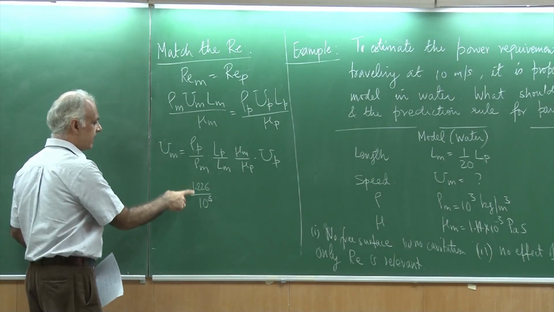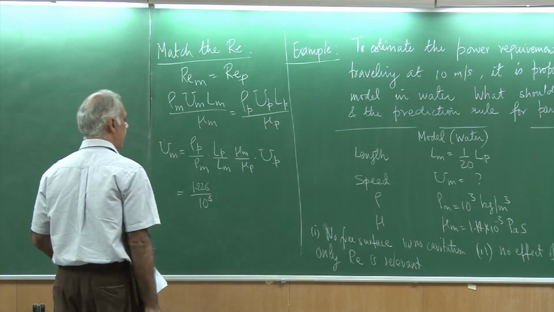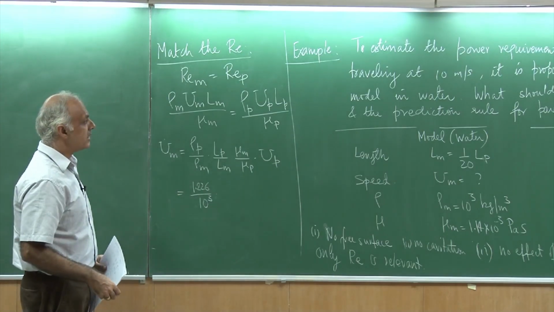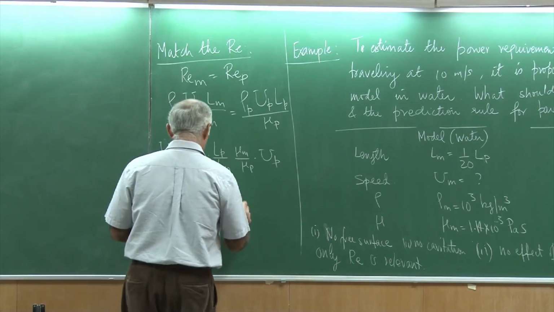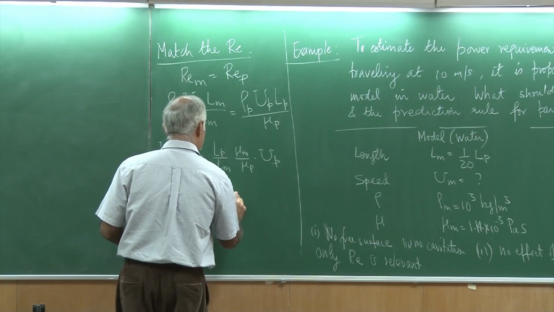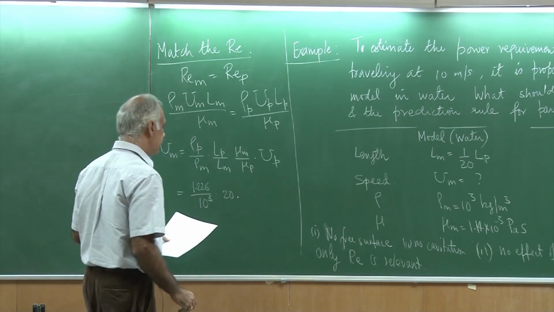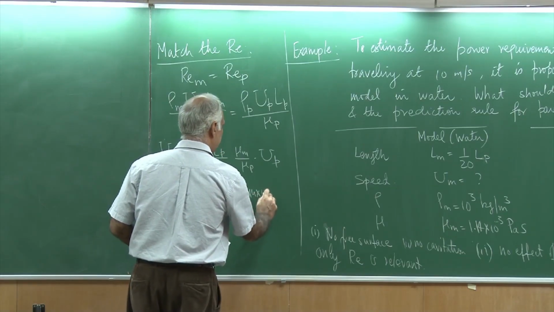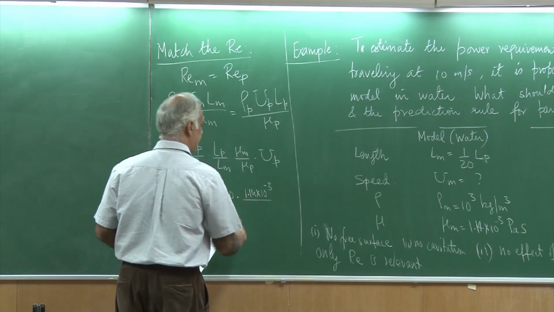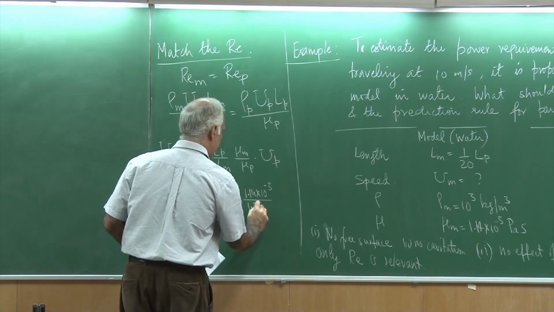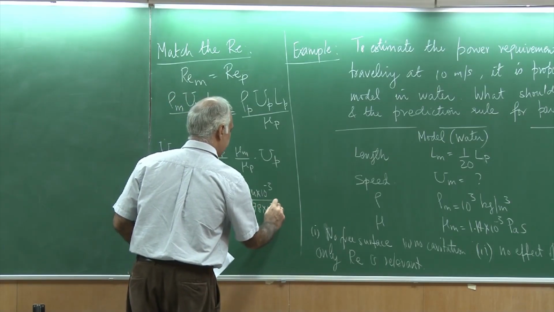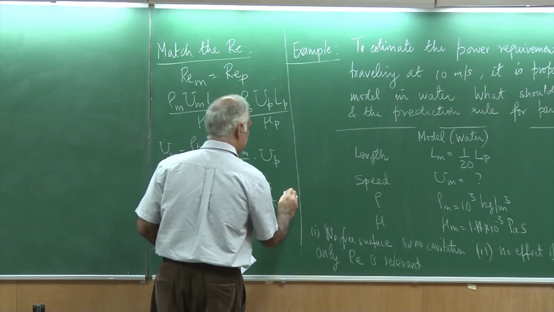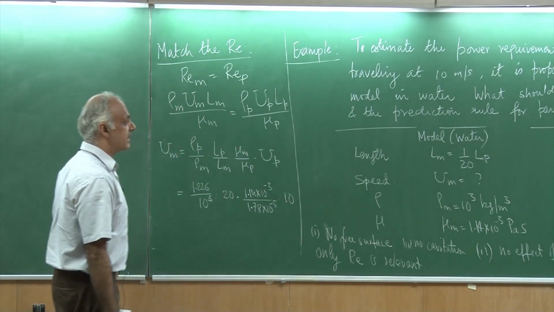Okay, density of air, this is density of water, and I already know the scale of the prototype to the model, it's 1/20th, so that number becomes 20 here. And then the viscosity, so for the model it is 1.14 into 10 to the minus 3, and for the prototype it is 1.78 into 10 to the minus 5, and the u prototype is 10 meter per second.